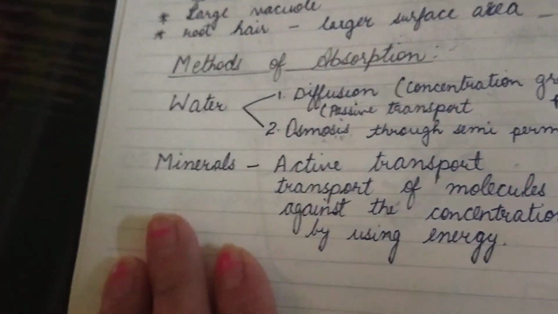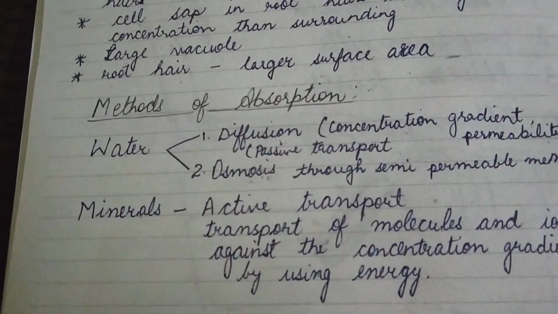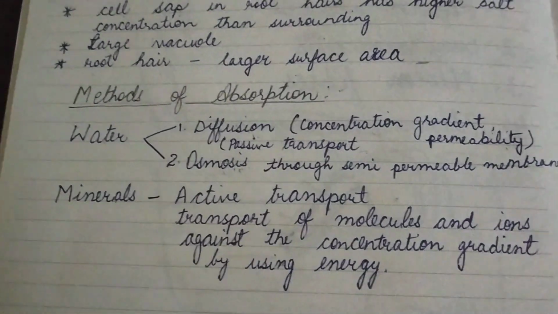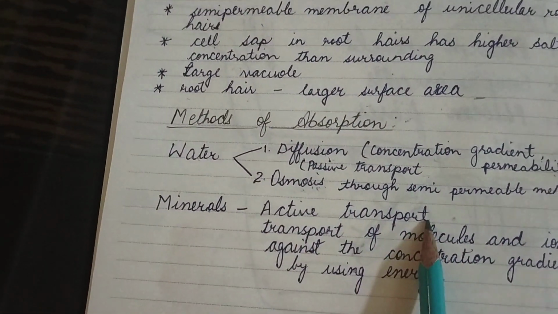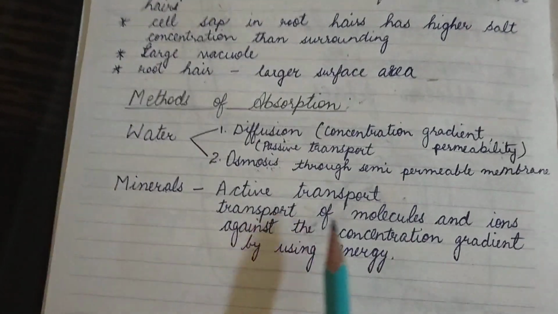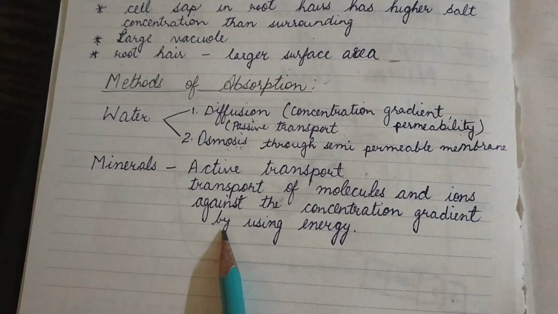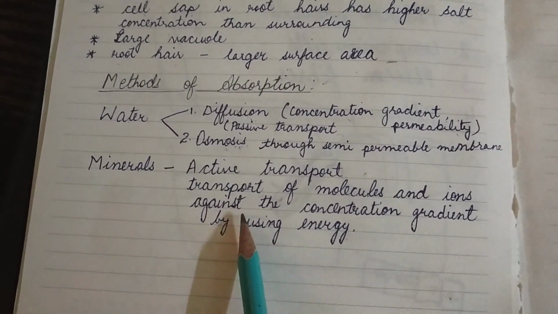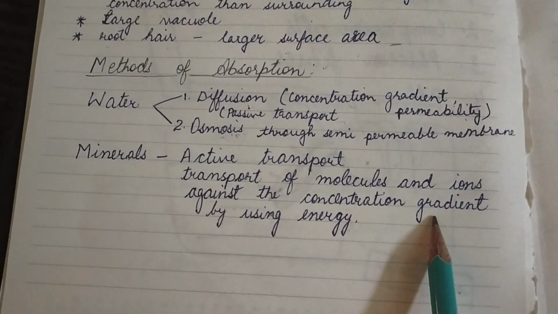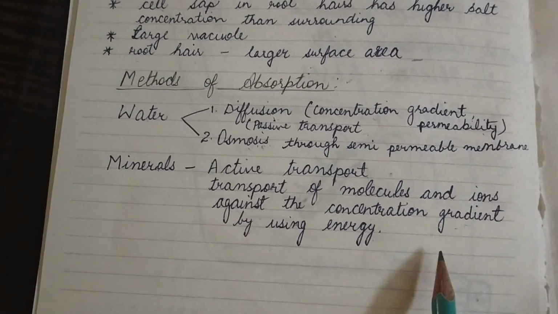Now, how the minerals are being absorbed, that is done by active transport. So what is active transport? The transport of molecules and ions against a concentration gradient by using energy. Obviously it is against the concentration gradient, that is from lower concentration to higher concentration.